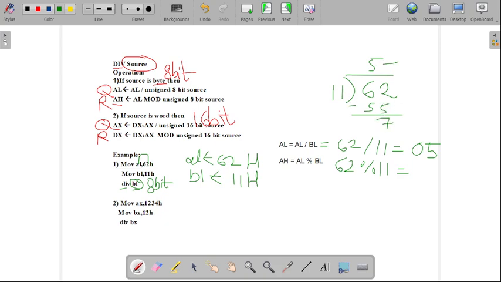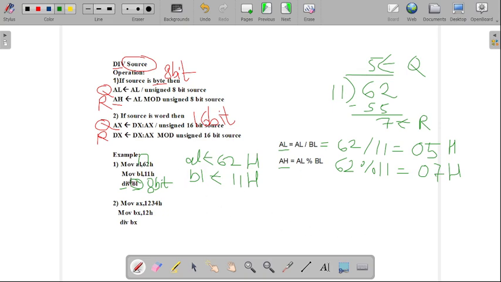So 05 is our quotient and 07 is our remainder. The quotient will be stored in our AL register, that is 05H, and the remainder will be stored in the AH register, that is 07H.